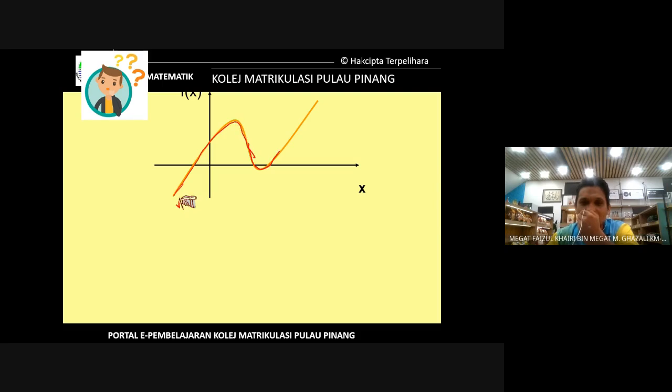The graph is smooth, so we can sketch it nicely, something like this. This is continuous at all values of x.